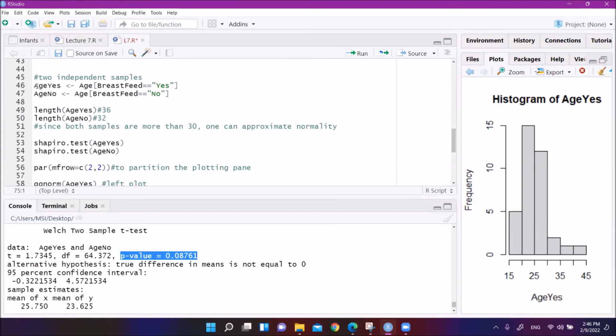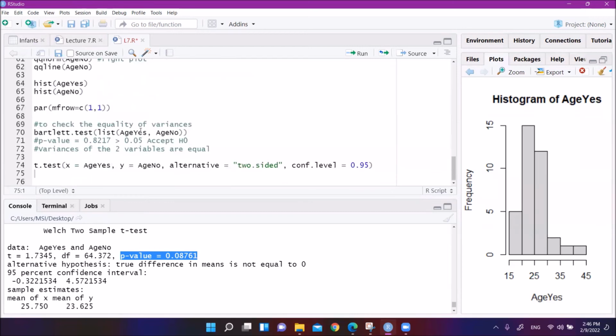Whether the ages of mothers of the infants who are breastfed and who are not breastfed, mean ages are equal. That is our H naught. So our conclusion is yes, they are equal. I'm not writing the decision rule and all that here, right? But at the exam, you have to write.